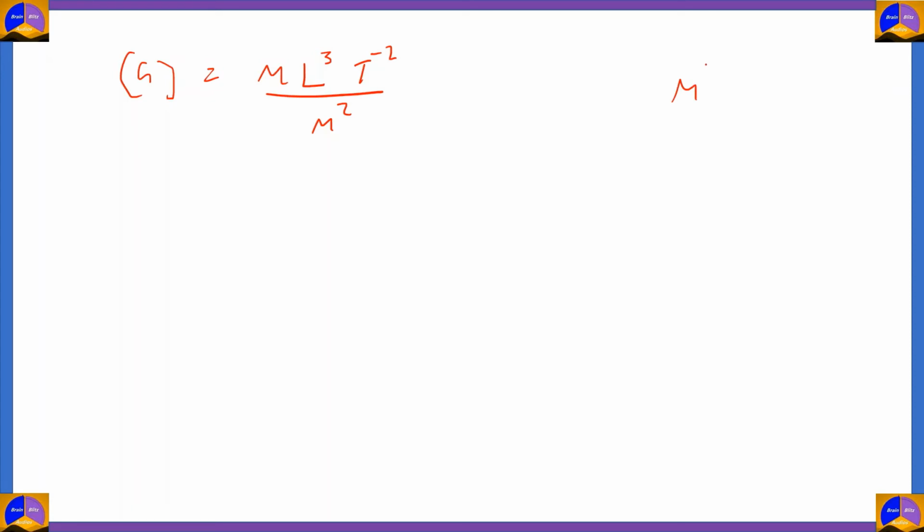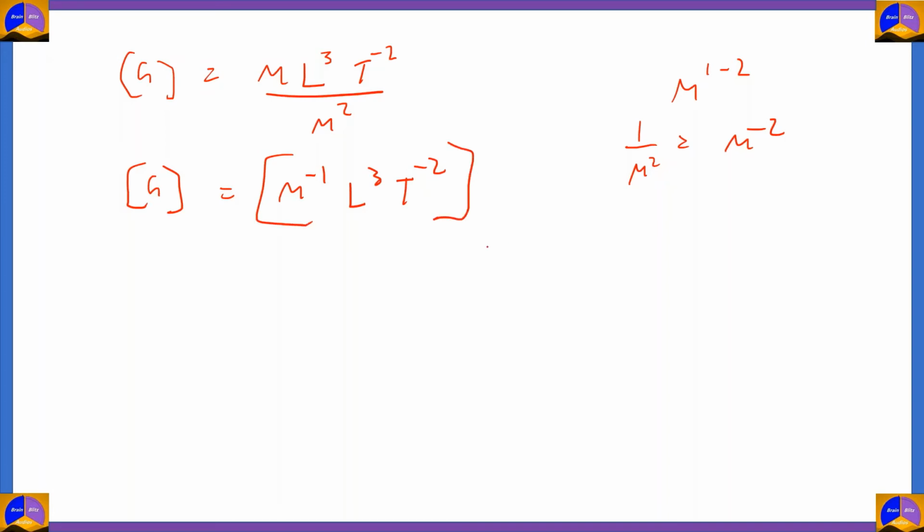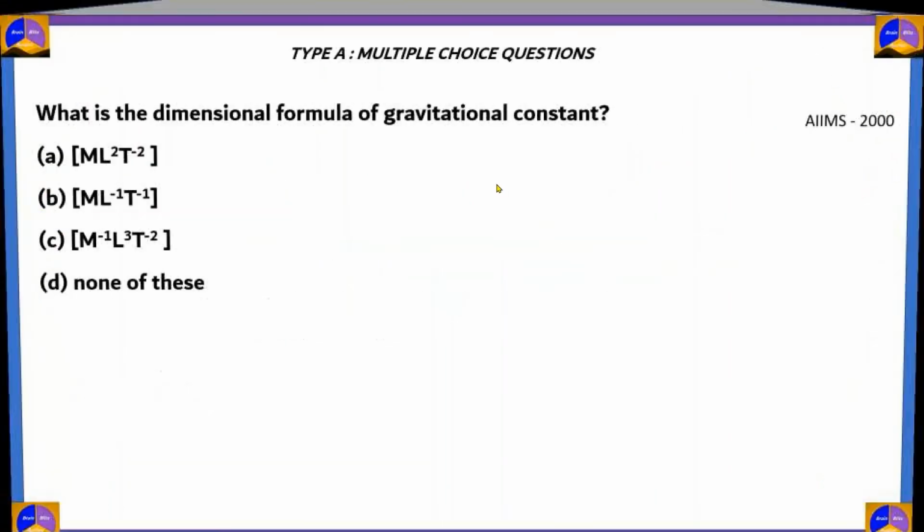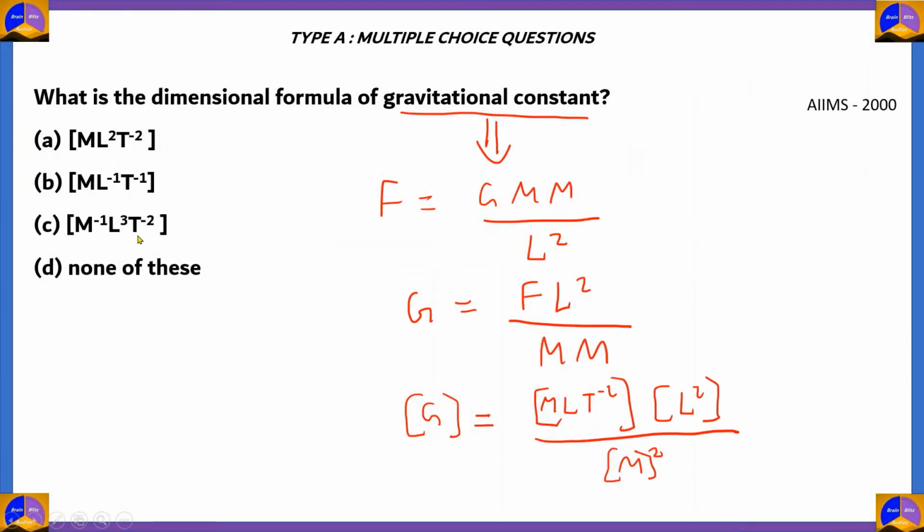So it'll be M raised to 1 minus 2 because 2 is in the denominator. 1 by M squared will be equal to M raised to minus 2. So the final formula for the universal gravitational constant is M raised to minus 1 L cube T raised to minus 2. This is the dimensional formula for universal gravitational constant. And when you look at the following options, we find that option C is the right answer.